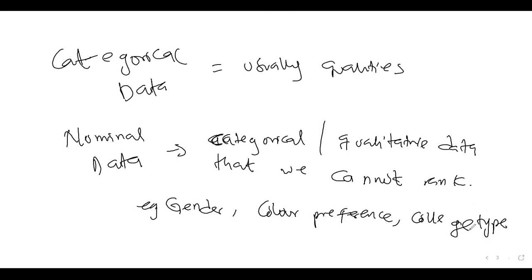However, there can be categorical data that we can rank. Example, marital status: single, married, divorced, etc. Although they are just qualities or categories, we can rank them according to a certain logic.